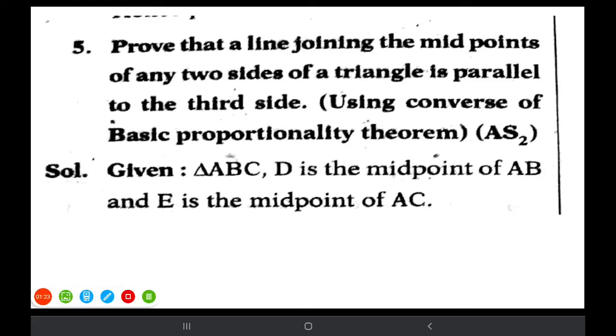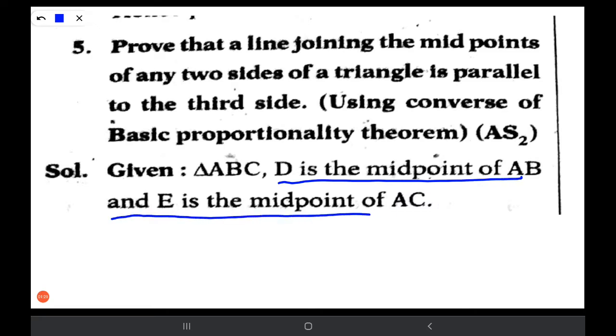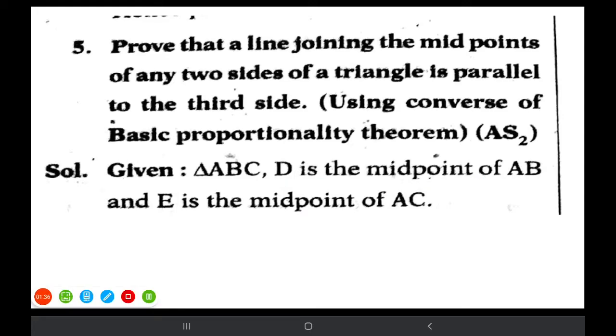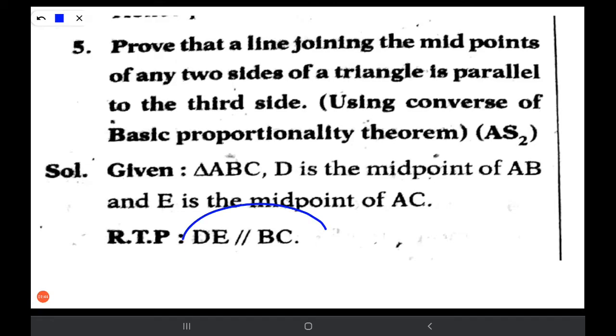Given triangle ABC, D is the midpoint of AB and E is the midpoint of AC. Yes, we know that already. D and E are the midpoints of AB and AC. Next, what we have to prove? We have to prove DE is parallel to BC.